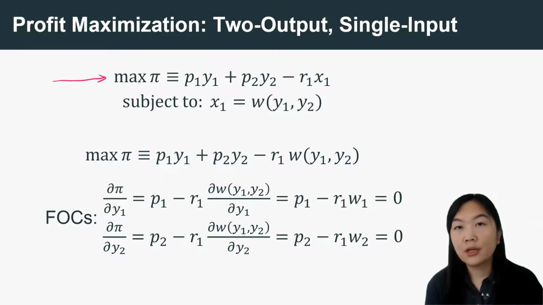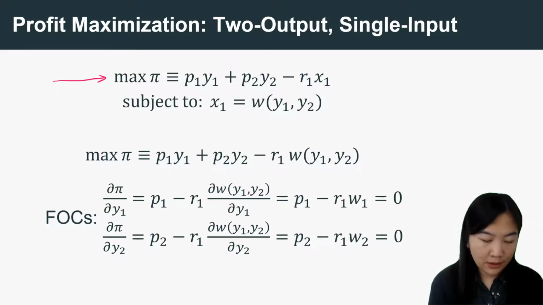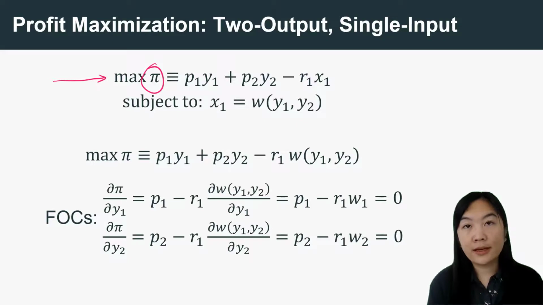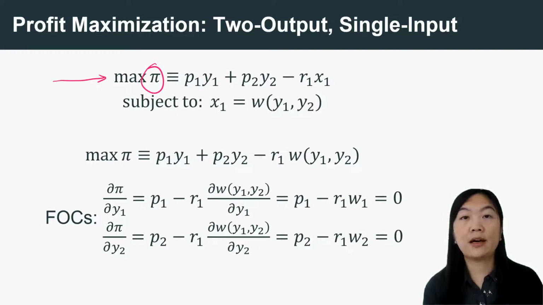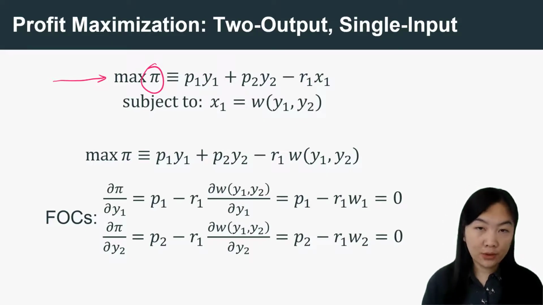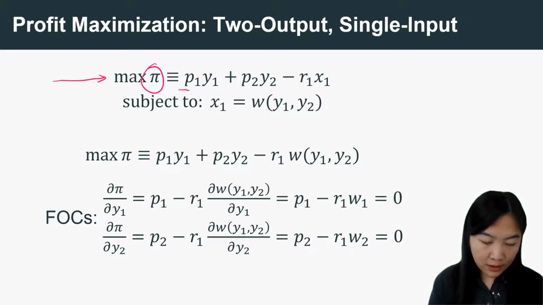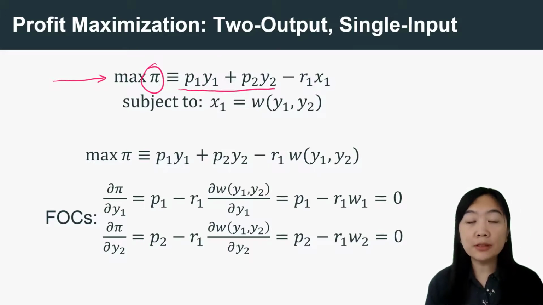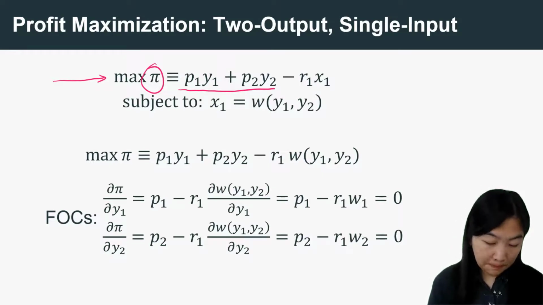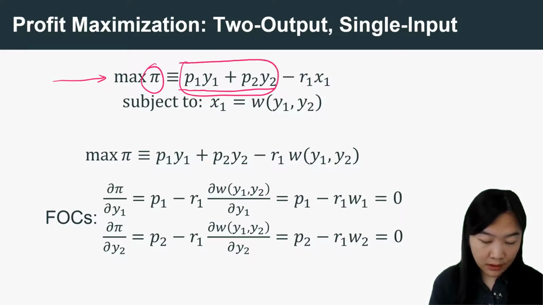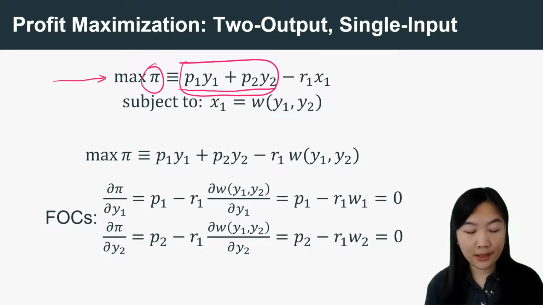So you're maximizing your profit. Again, we're using the letter pi to indicate profit. Here we have two outputs and only one input. For these two outputs, the total revenue we have already learned is p1y1 plus p2y2.